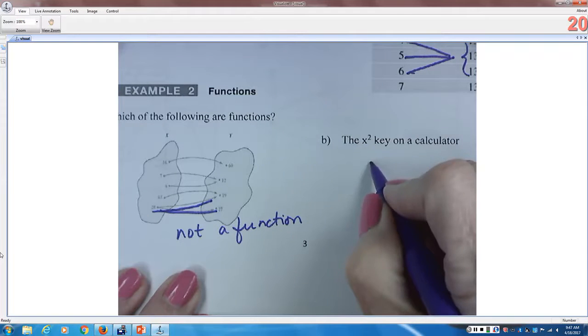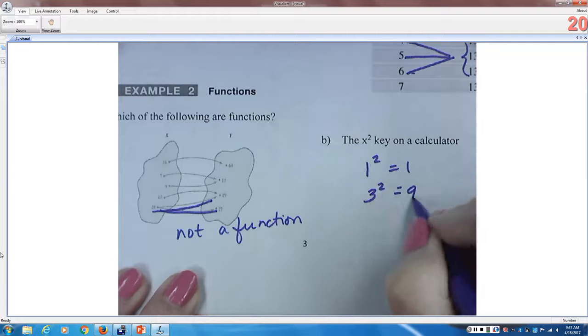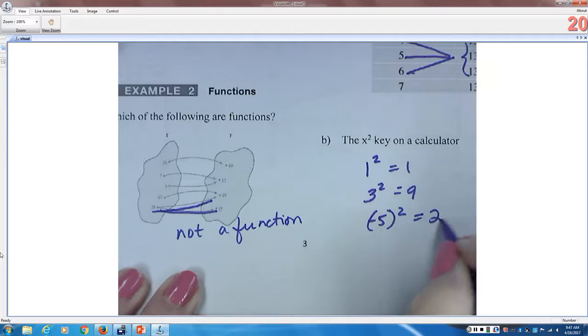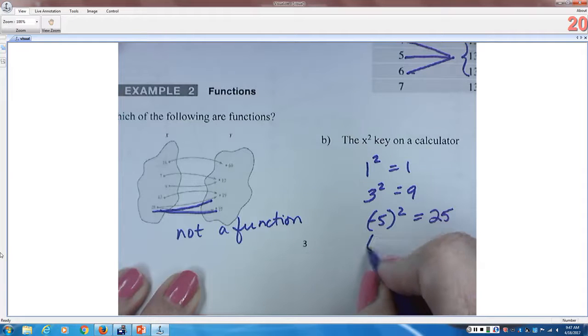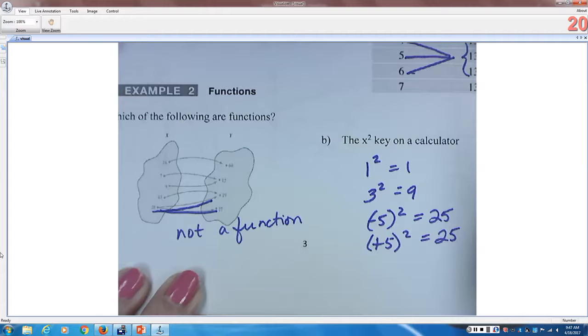The x squared key: 1 squared is 1, 3 squared is 9, -5 squared is 25, +5 squared, still 25, but 25 is okay, it's the output. And it's the output of two different inputs. And that's okay.